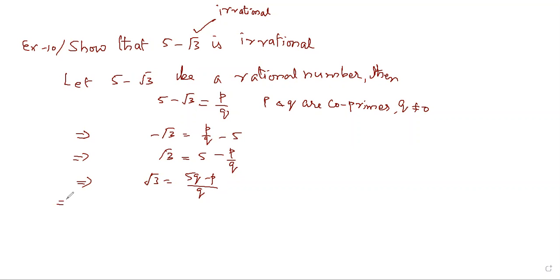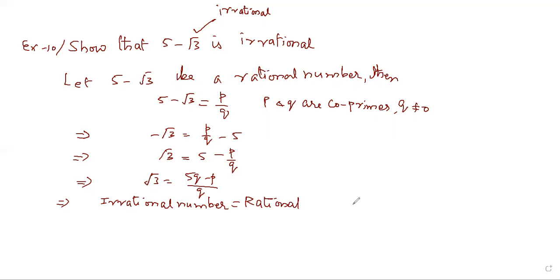But the left hand side is an irrational number. So what can we say about root 3? It is an irrational number, correct? Because we already know that root 3 is an irrational number. So on the left hand side we get an irrational number, and on the right hand side we get a rational number, which is impossible.